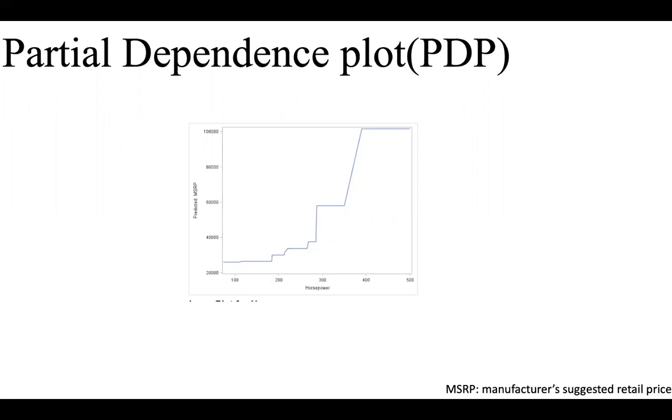So the plot we are seeing here is on the data set where they were trying to predict manufacturer suggested retail price for a car on the basis of some predictor variables like horsepower or make of the automobile, etc. Here they have plotted horsepower against manufacturer suggested retail price.